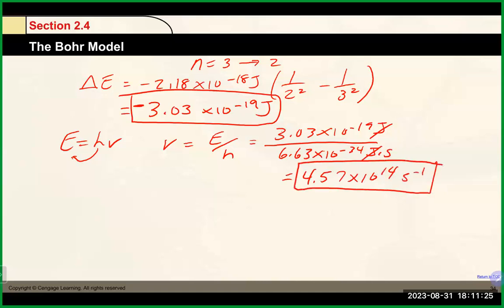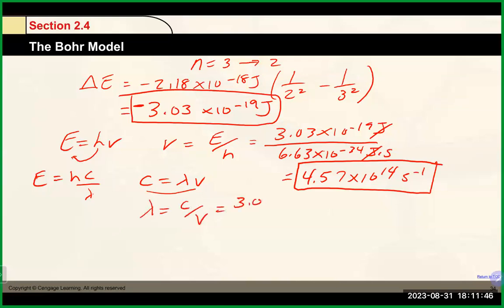And again, here at the end, you do have a couple of options. We do have the frequency, we do have the energy, so you can use either one of these to get to the wavelength. And they both, again, should get you there in the same spot. So I'll go with this one here. So wavelength is going to be c divided by our frequency.